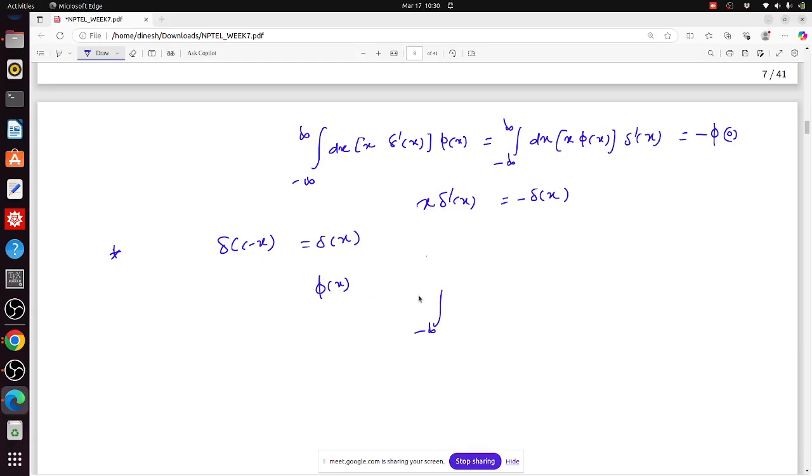If you do the integration from minus infinity to plus infinity of delta(minus x) phi(x) dx, it is equal to the integral from infinity to minus infinity of minus dx delta(x) phi(minus x), which is phi(0). So thus delta(x) is equal to delta(minus x).